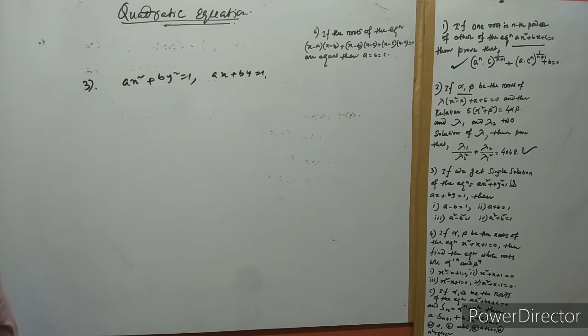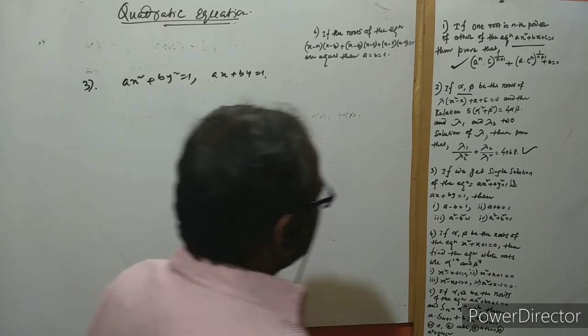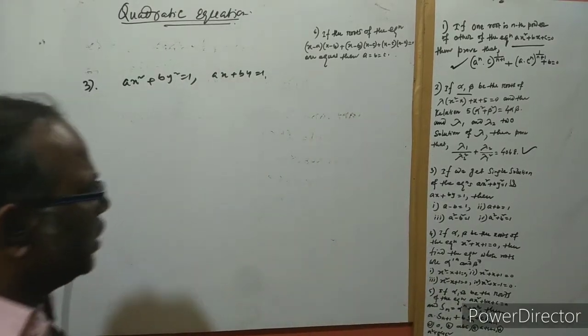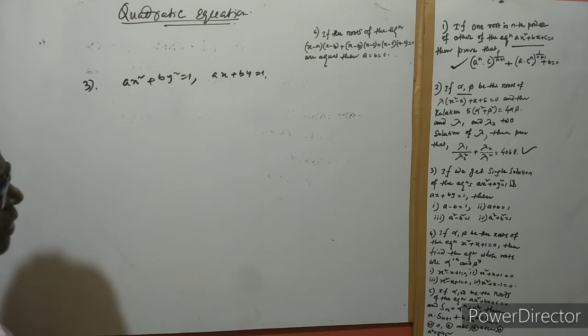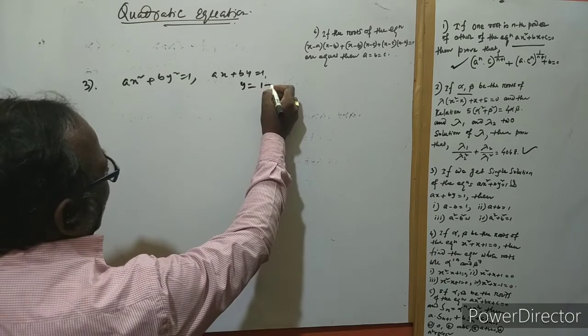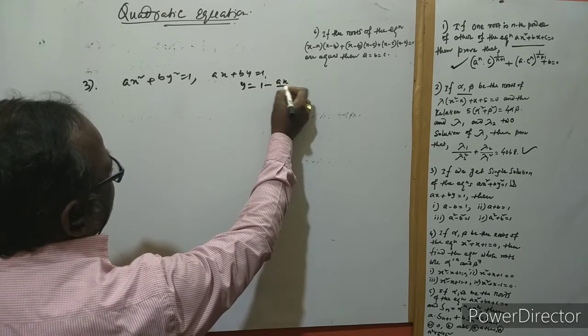And here we get a single solution. Single solution means x and y are actually needed. So now find the y here. So y is equal to, you can write here, (1 minus ax) by b.